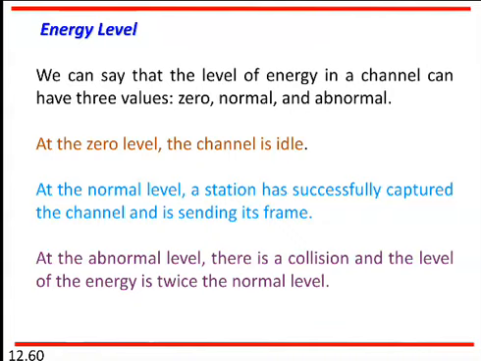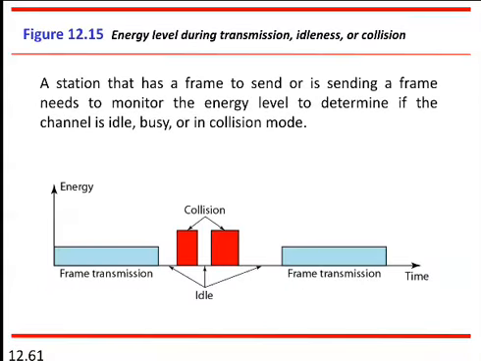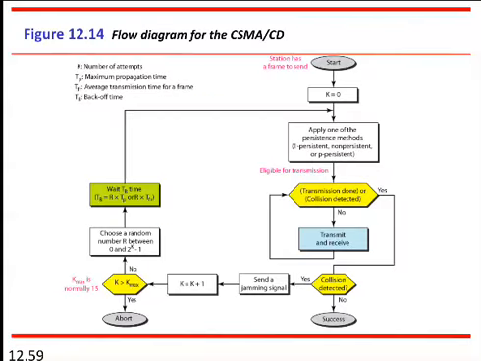The signal can have three different values: zero if it is idle, normal if the channel is sending a frame, and abnormal if there is a collision, where the energy will be twice the normal level. You can see that when it is idle, when there is a frame transmission, and whenever there is a collision, stations can detect that there is a collision. That is what happens when we are sensing. If a jamming signal is noticed, then the sending will be aborted. That means collision is detected.